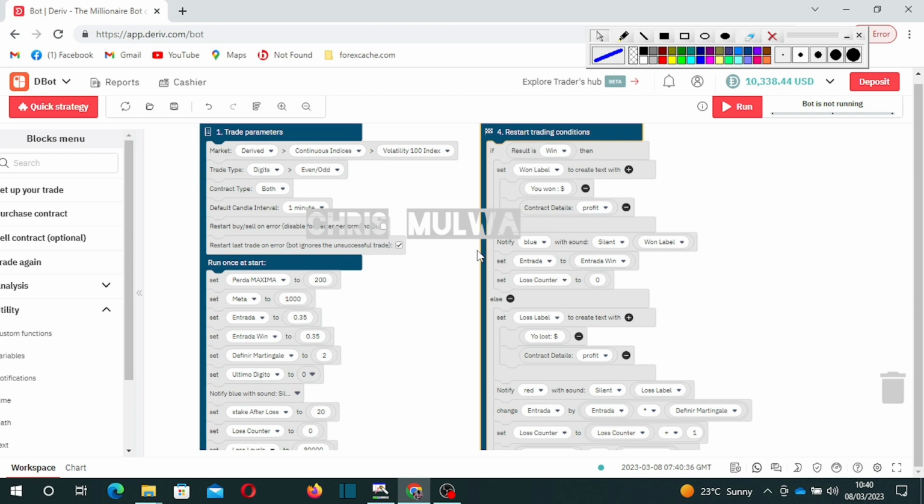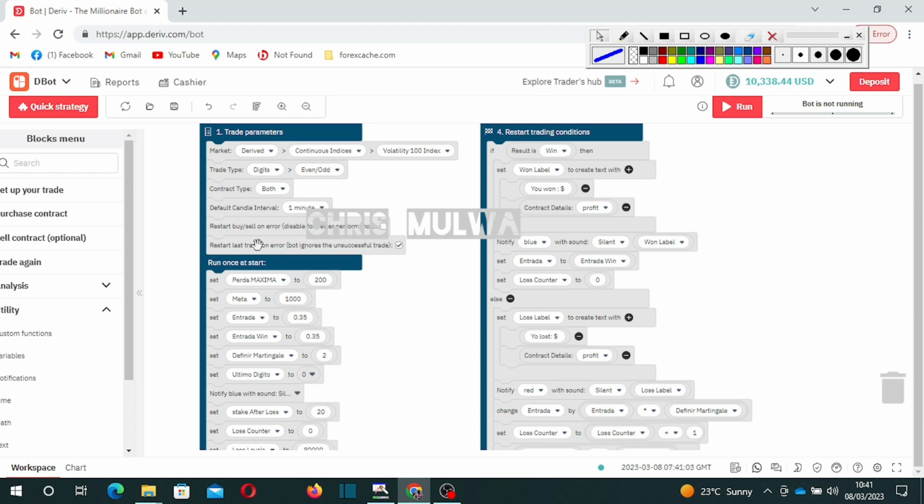Yes, so we are here. These are the blocks. I'm not hiding anything. You can as well design them, but I must tell you that there are some blocks. If you right click here, there are 100 blocks. So it's not an easy bot. It's quite a complicated, well designed bot.